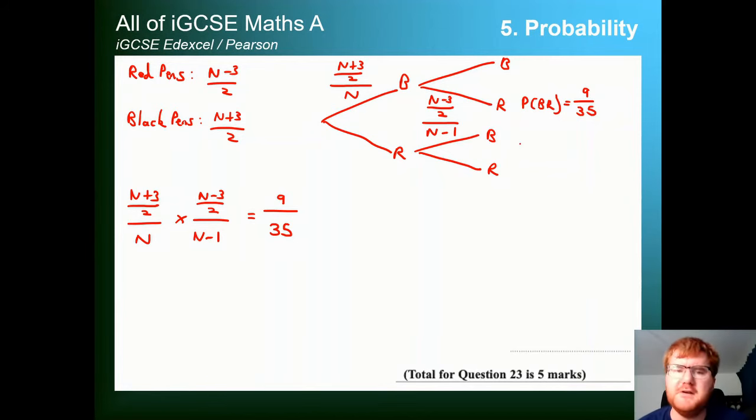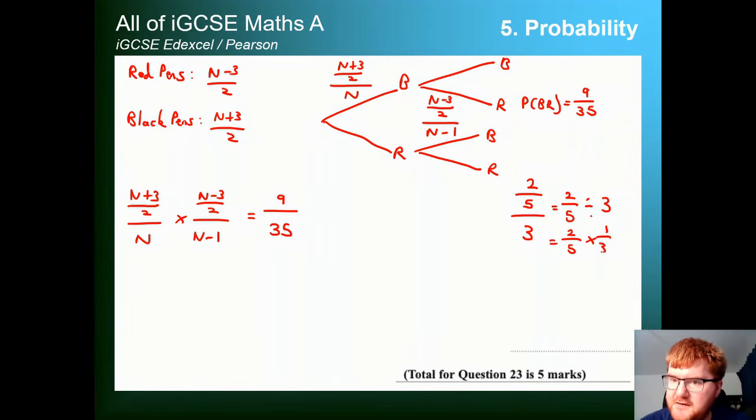Now, I'll just give you a number example of what I'm going to do here. So say I had 2 over 5, and then I was dividing that by 3. I could write this as 2/5 divided by 3, which is the same as saying 2/5, keep it, switch it, flip it, times 1/3, which is equal to 2 over 15.